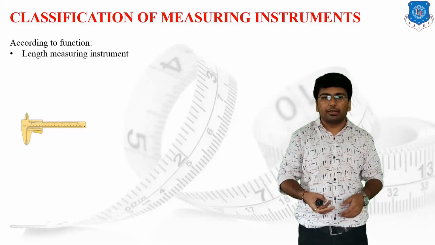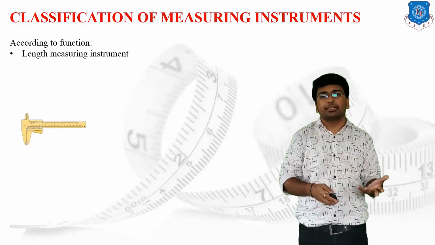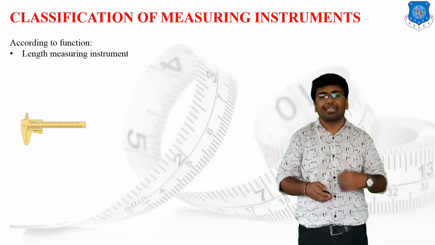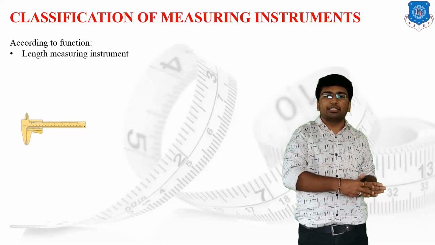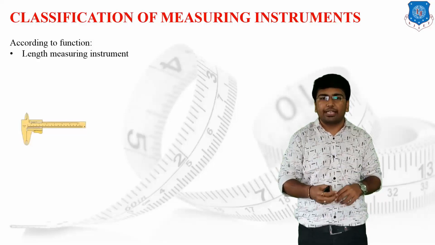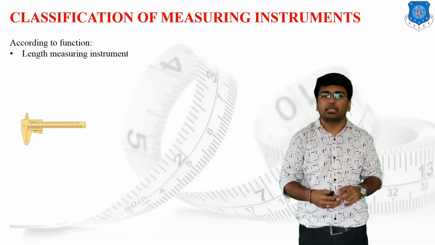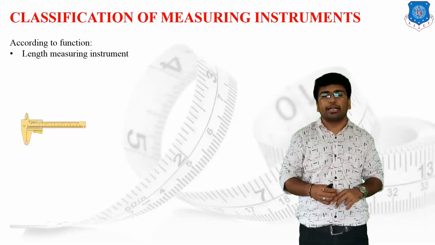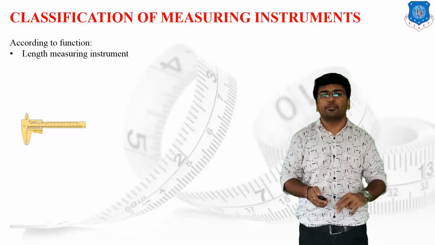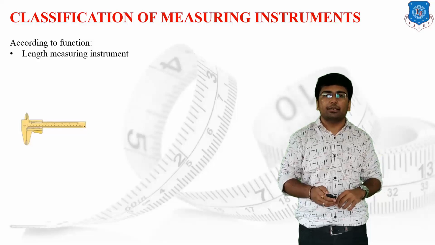The micrometer is also a length measuring instrument. So whatever instrument is useful for the measurement of length, or linear dimensions, falls under the first category according to function, the subcategory of length measuring instruments.